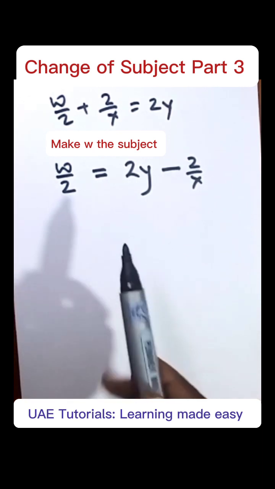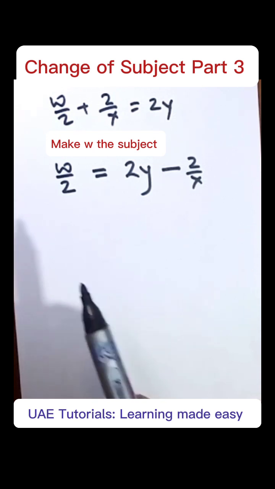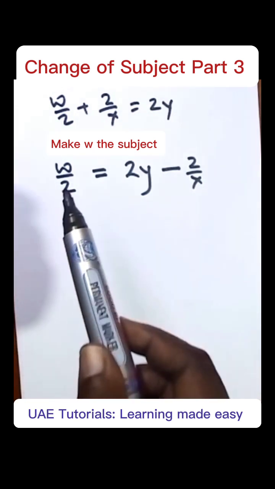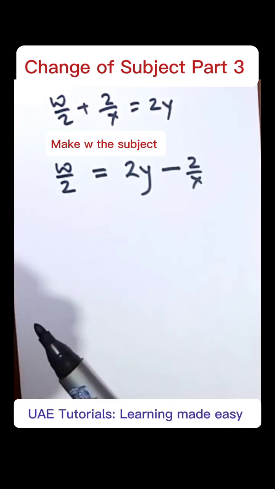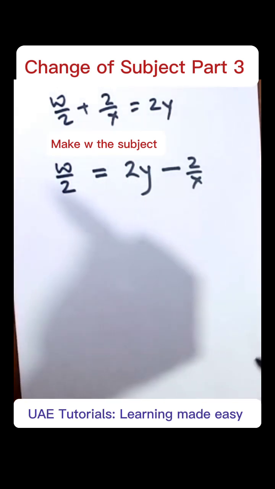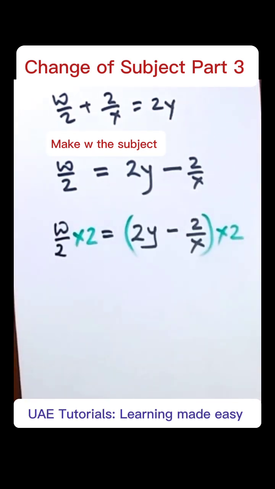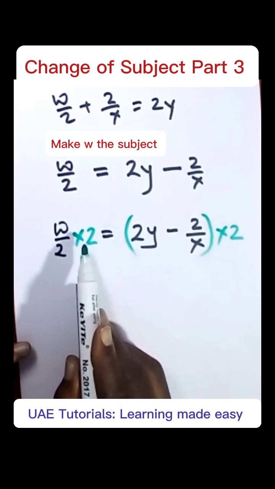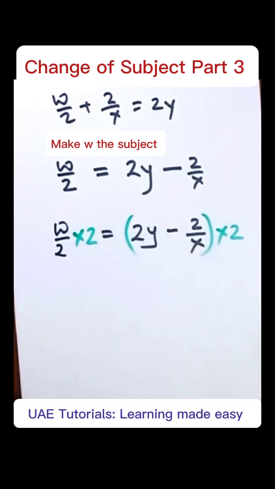But we are not done yet. Our goal is to make w the subject of the formula, not w over 2. There is a 2 attached to the w with a division bond. So to knock off that division bond, we will have to use a multiplication sign. So now we will multiply both sides by 2. Look at what I did. I simply multiply the left hand side by 2 and multiply the entire right hand side by 2.